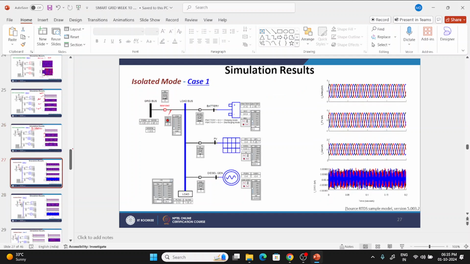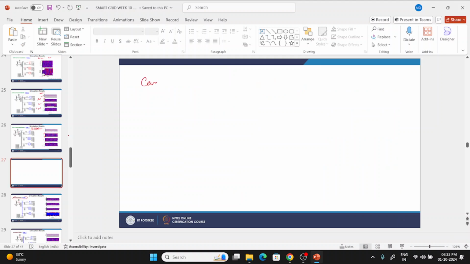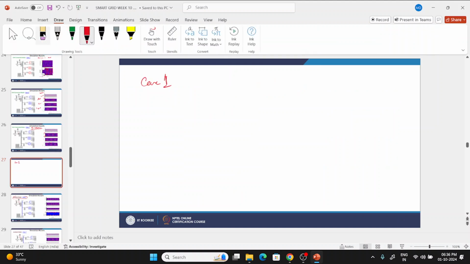Then another case here is the islanded mode. In islanded mode, how is all this going? I will write 3 cases. We are going to analyze 3 cases. First, let me write it over here.